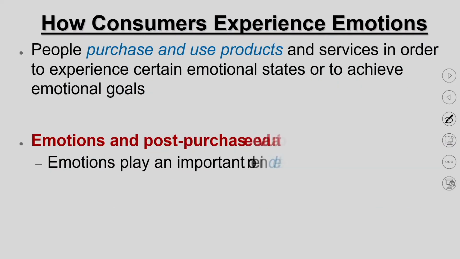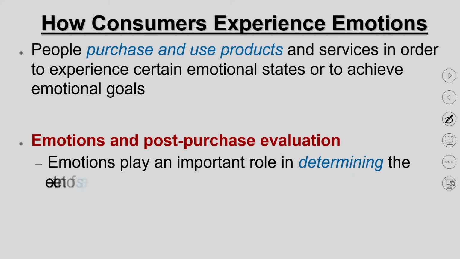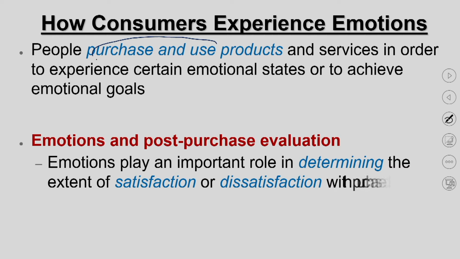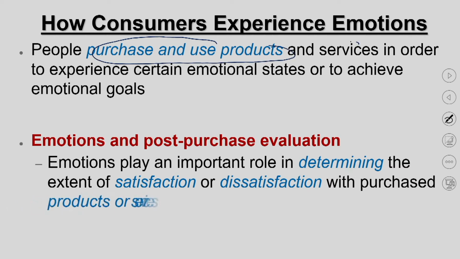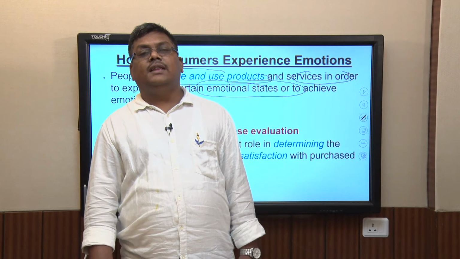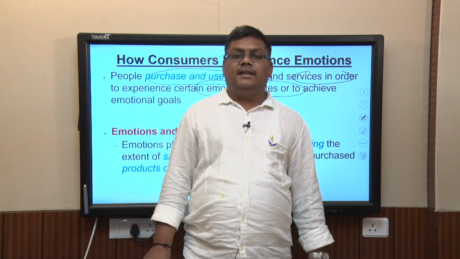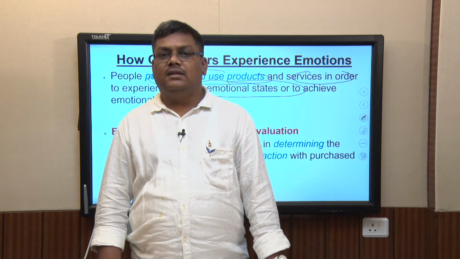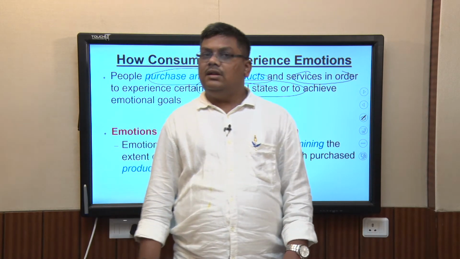So, how do consumers experience emotions? What is the way in which consumers experience emotions in the marketplace? People purchase and use products and services in order to experience certain emotional states or to achieve certain emotional goals. When you purchase a product, when you use a service, the use of it, the purchase of it leads to either satisfaction or dissatisfaction, and this satisfaction or dissatisfaction will lead to emotional outputs.